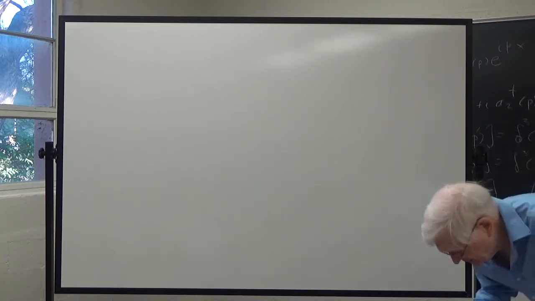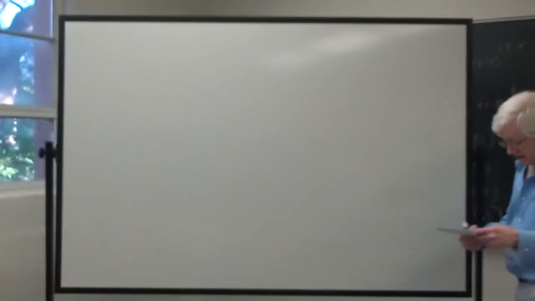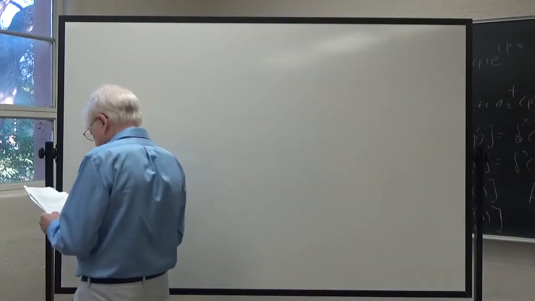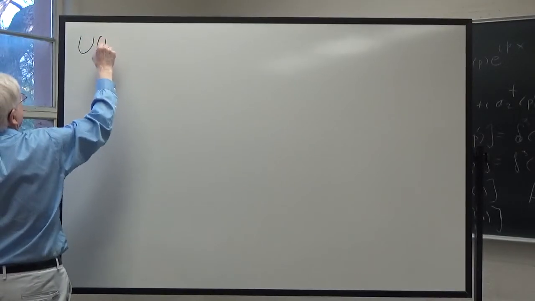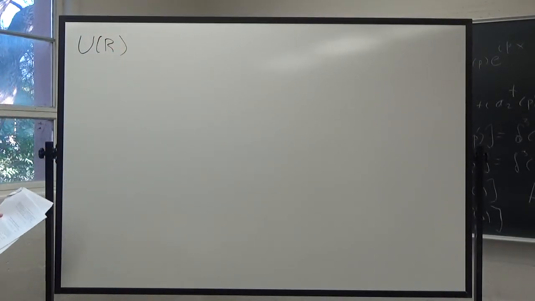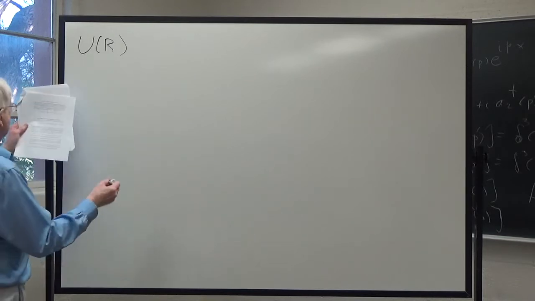But now, suppose we just look at how fields transform. Remember how fields transform under rotations. So under rotations, I'm following now the notation of chapter 10 of the online notes, which is a PDF on the class webpage.